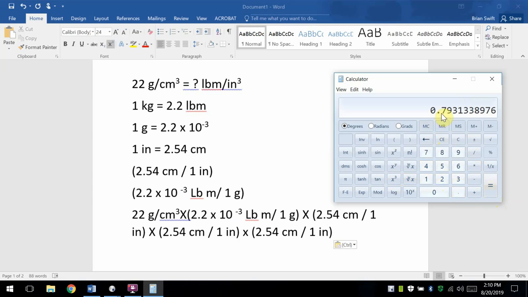So it equals 0.79 pounds per cubic centimeter.